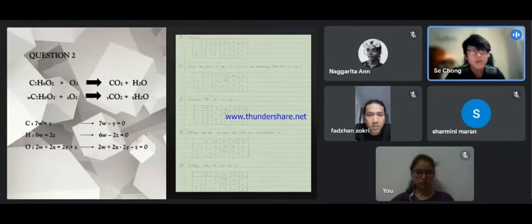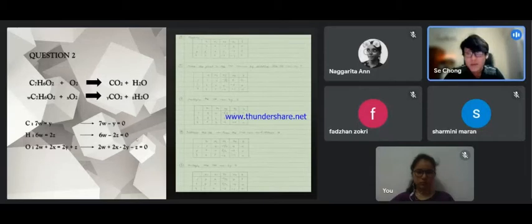Okay, so for C, 7W equals Y, and for H, 6W equals 2Z, and for O, 2W plus 2X equals 2Y plus Z. So we have three equations here. 7W minus Y equals 0, 6W minus 2Z equals 0, and the last one is 2W plus 2X minus 2Y minus Z equals 0.